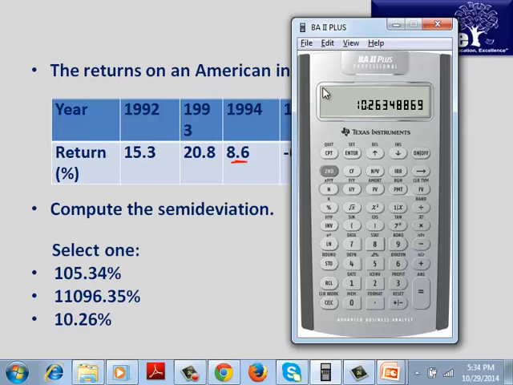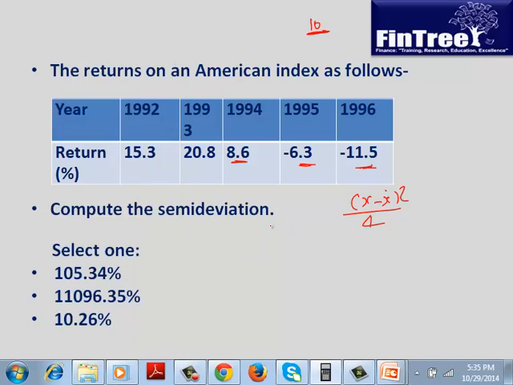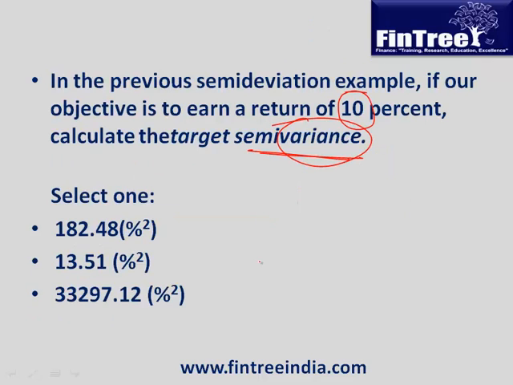So let's do it on the calculator again. 8.6 minus 10 x square STO1, 6.3 negative minus 10 x square STO2, 11.5 negative minus 10 x square STO3, RCL1 plus RCL2 plus RCL3 divided by 4, that would give us 182.475.